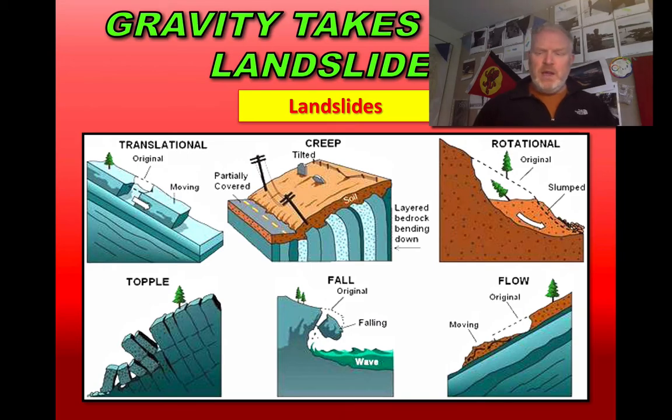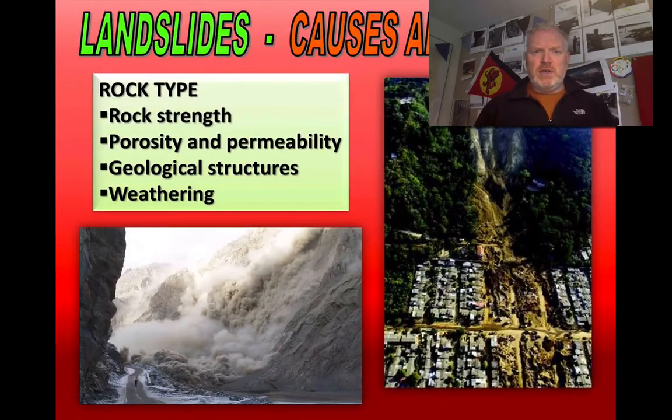Okay, let's have a look at some of the causes of these. I've already hinted at the fact that the type of rock has a big influence on this. How strong that rock is, how cohesive it is. Does it stay together as a solid, or will it break apart into its little grains? As part of that, we need to think about the porosity and permeability of the rock.